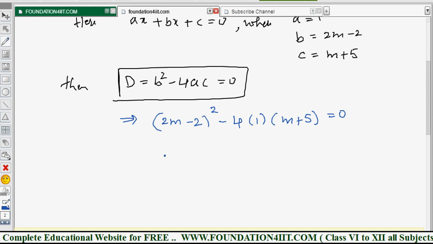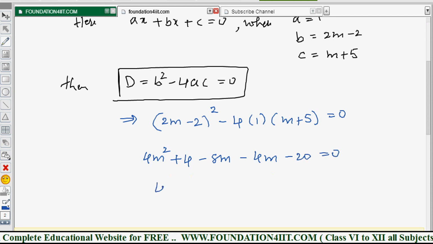If you simplify, apply the (a − b)² formula: (2m)² is 4m², plus 2² minus 2ab, so 2 into 2 into 2 is 8m. Minus 4 into 1 is 4, you multiply this, so minus 4m, and minus 4 into 5 is 20, is equal to 0.